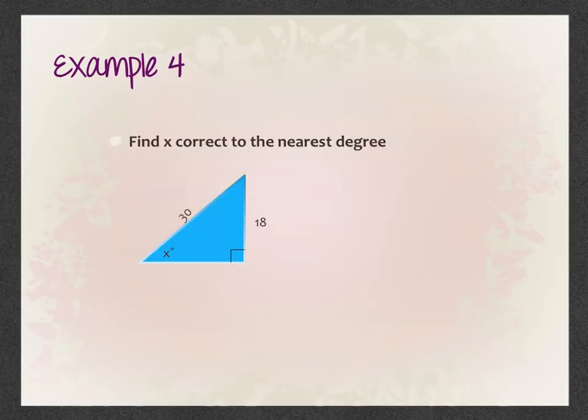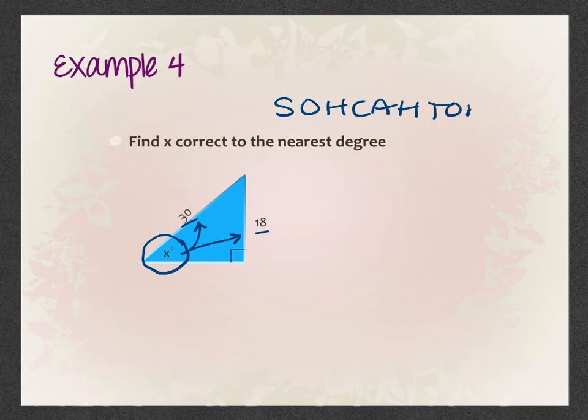Okay, find x correct to the nearest degree. So this is like the ones we used in the calculator a couple examples ago, where I'm looking for the angle. I have the two sides. With respect to that x, 18 is opposite, 30 is the hypotenuse. So remember the SOHCAHTOA part of that would be the opposite and hypotenuse.